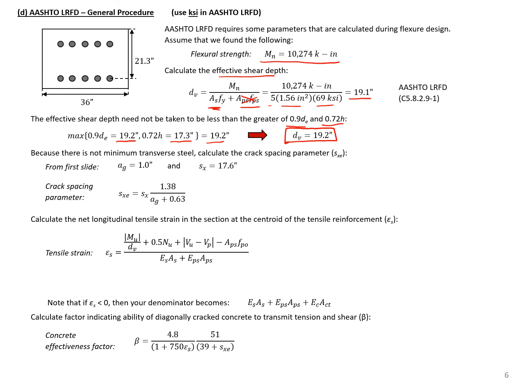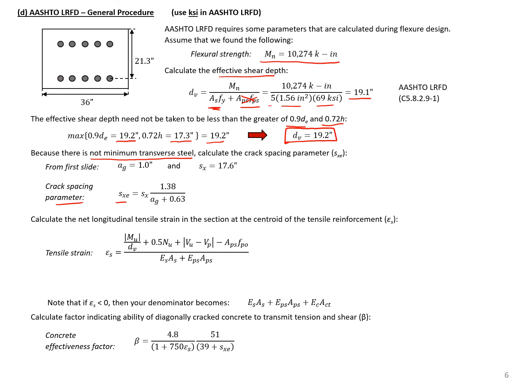Next, we need to find our crack spacing parameter, which is S sub XE. We need to find this because we do not have minimum transverse steel. If we had minimum transverse steel, then we wouldn't need to find this parameter.